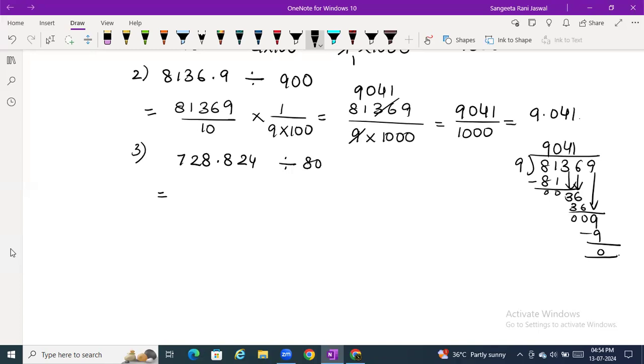Okay, tell me, say your answer. I got 0.9113. 0.9193? No, ma'am, 13. 9113. Okay, let me check. Others also please give your answers. Check the decimal point, Neha.